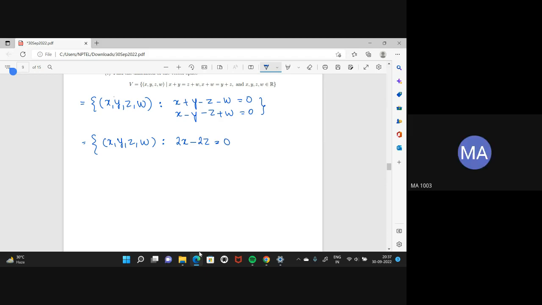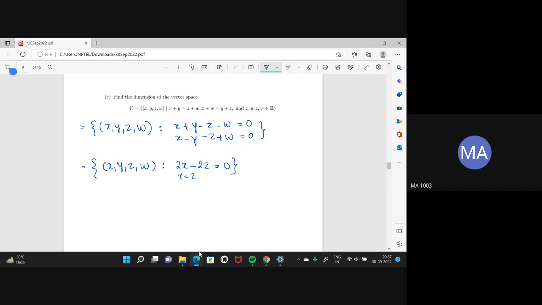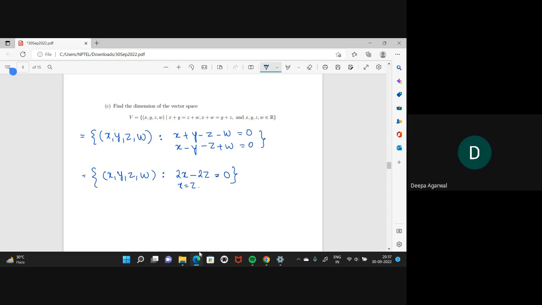But is this the vector space, or do you have some other condition? Are you telling it stops here or is there something else that we have to write? x equals z. Okay, let's put x is equal to z. But does it stop there? No, ma'am, in the original equation we can substitute this x equal to z.